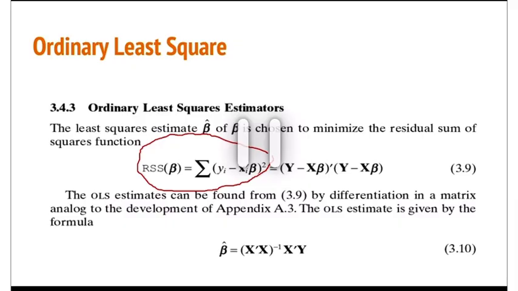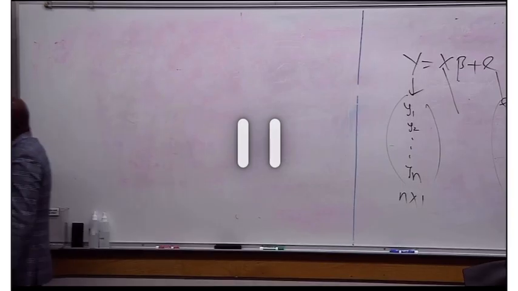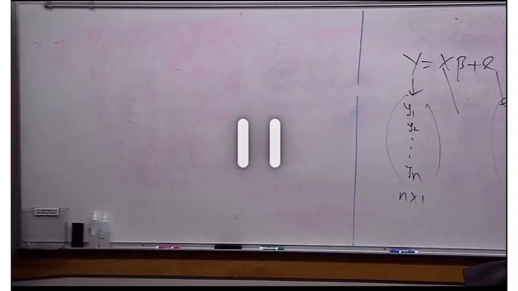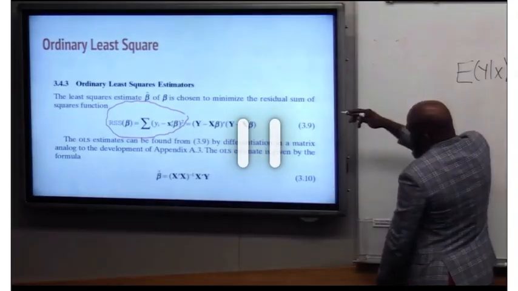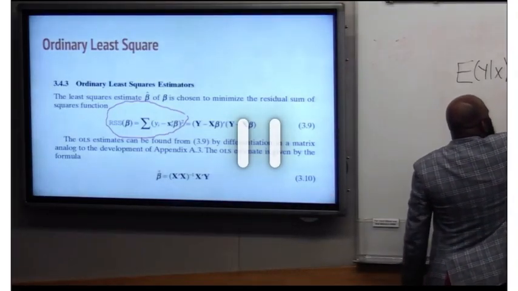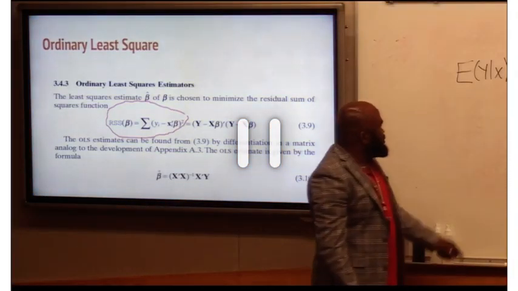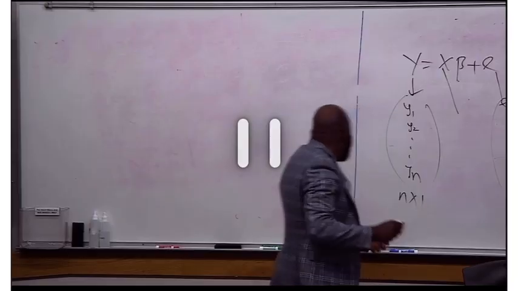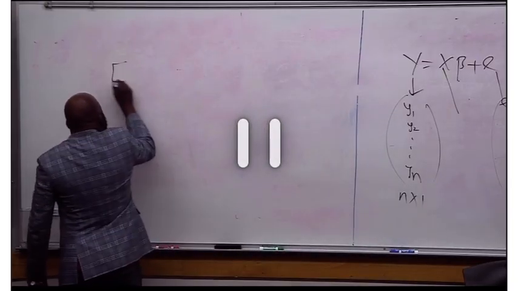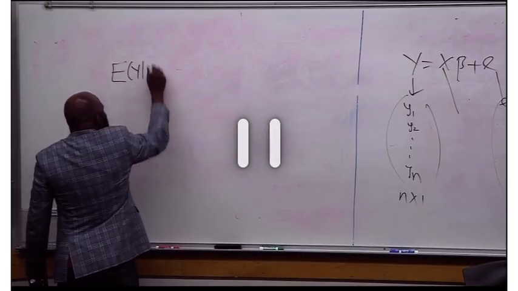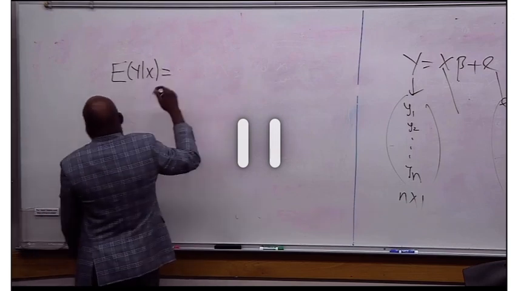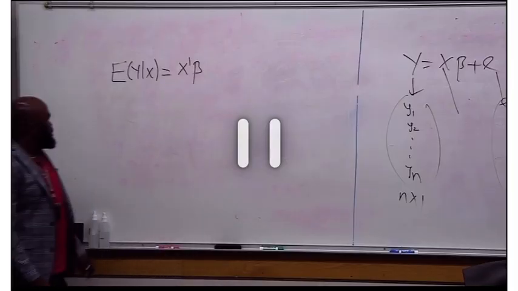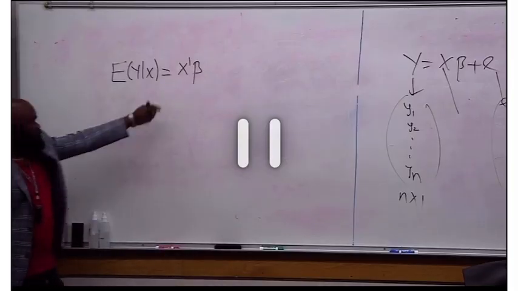I said something the other time: I said the mean function in a multiple linear regression model is this, in matrix form. If this is the mean, then if I want to figure out the error, it's going to be the original y minus this.